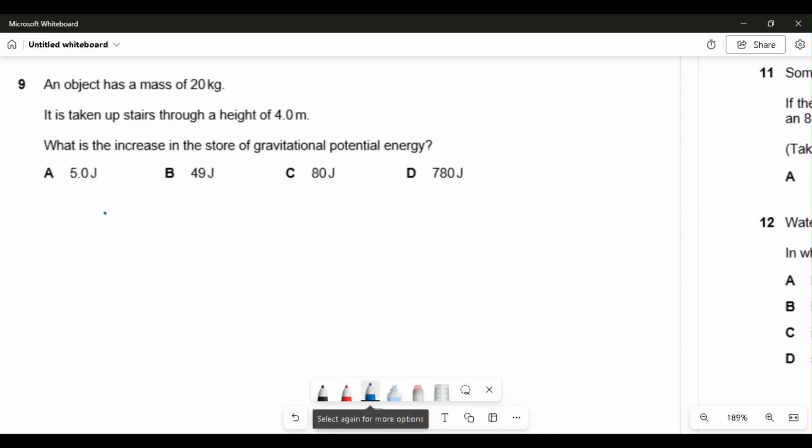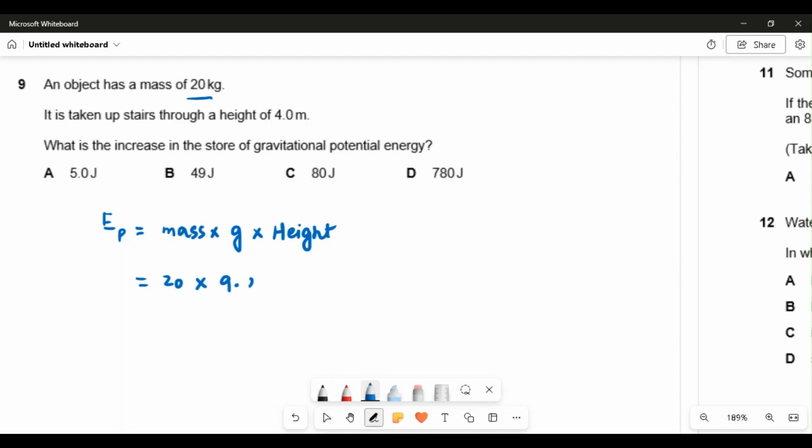So, gravitational potential energy stored is equal to mass times gravitational acceleration times the height. When we substitute the values, we have mass of object 20 kilogram, gravity 9.8 meter per second squared, and height 4.0 meter.